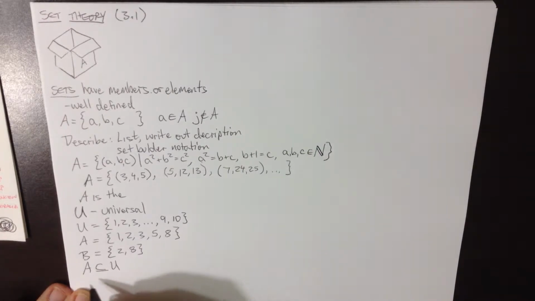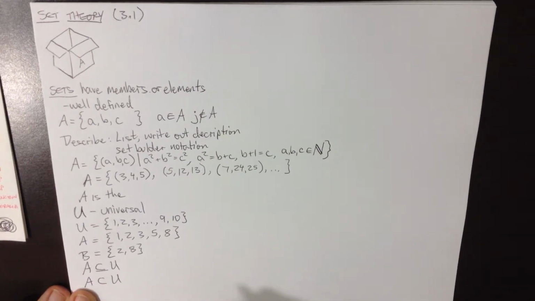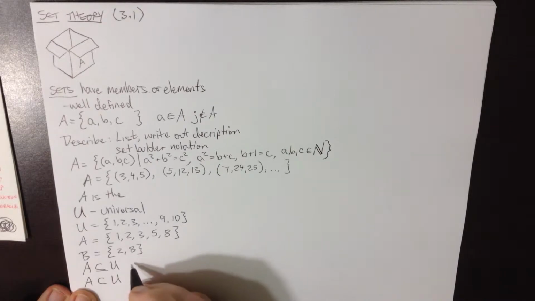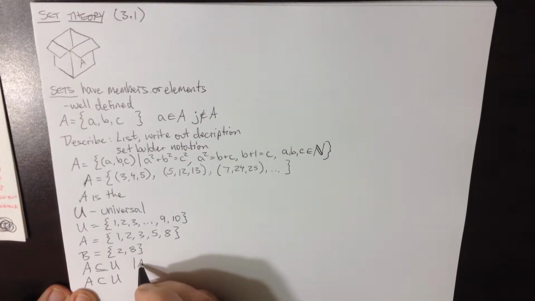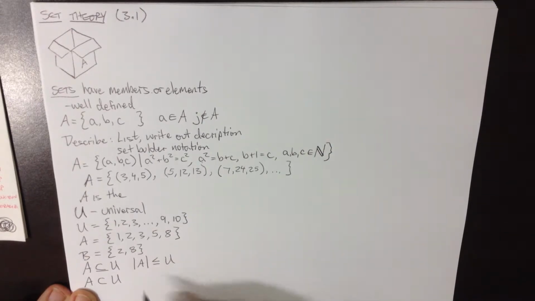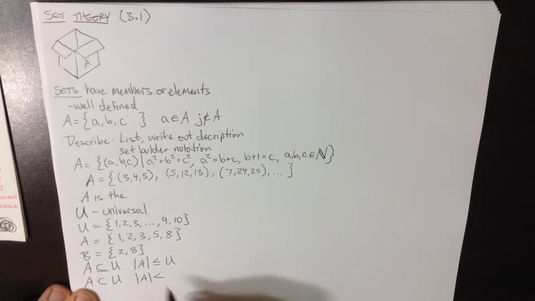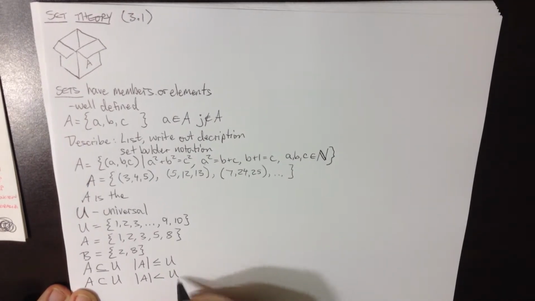But we could also say that A is a proper subset of U. We would say that the cardinality of A is less than or equal to U. We would say the cardinality of A is also less than U. Okay?